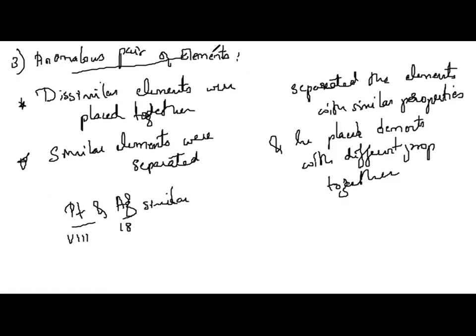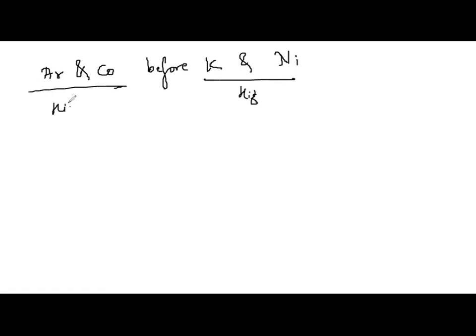One more point in this: there were some pairs of elements which did not follow the increasing order of atomic weights. For example, argon and cobalt were placed before potassium and nickel respectively in the periodic table. These two have higher atomic masses, but they were placed before.